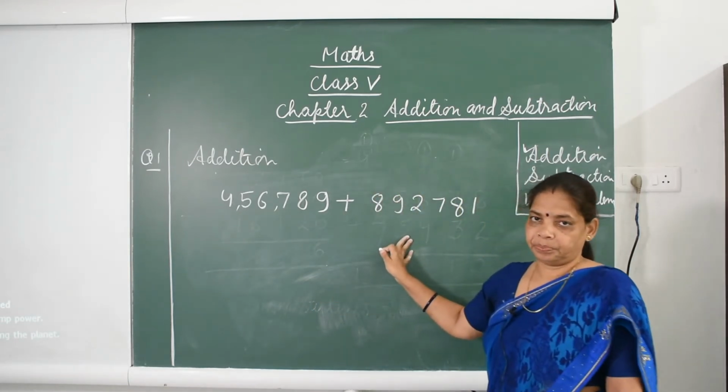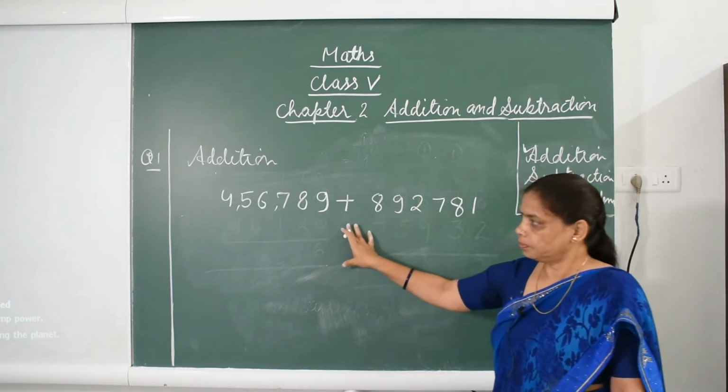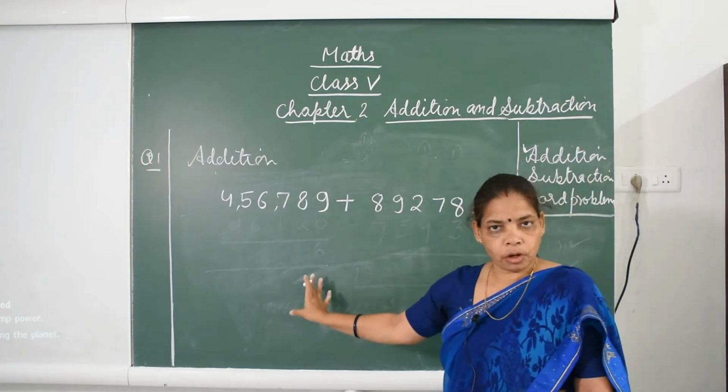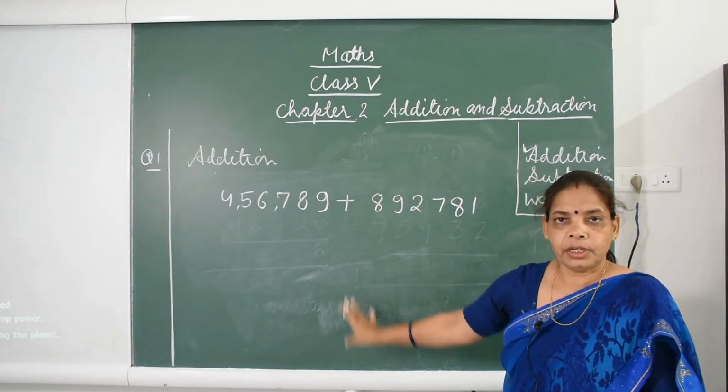This type of sum, if it is given horizontally, first you arrange in columns. You can also do it directly, but if you arrange it, that will be easy for you.